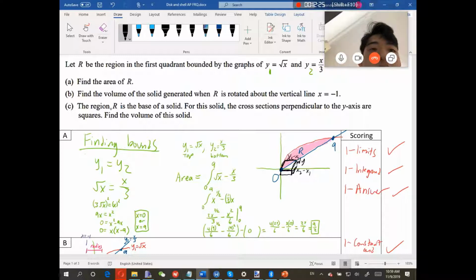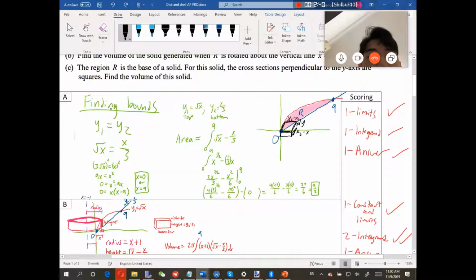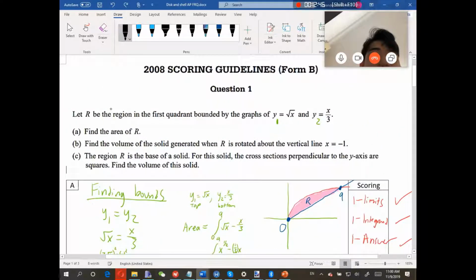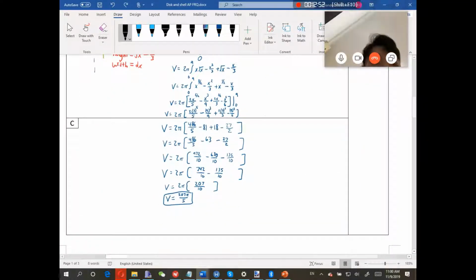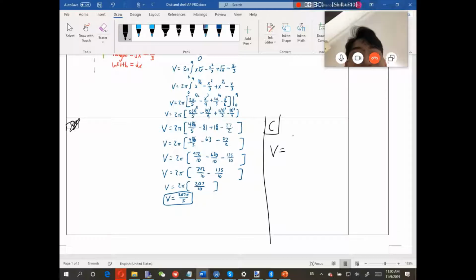So then my volume would be x2 minus x1 squared times dy. Okay, so I'm going to write it out really quick. Get rid of this so I'm not messing up Oliver for part A. Down here in part C somewhere, our volume is equal to the integral of x2 minus x1 squared in terms of y.